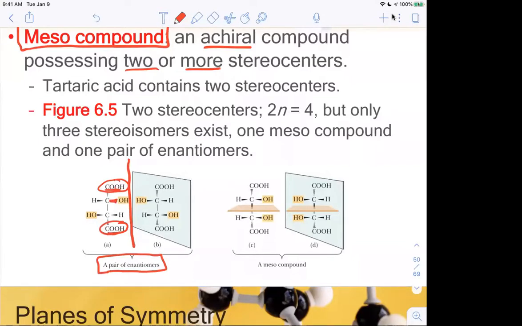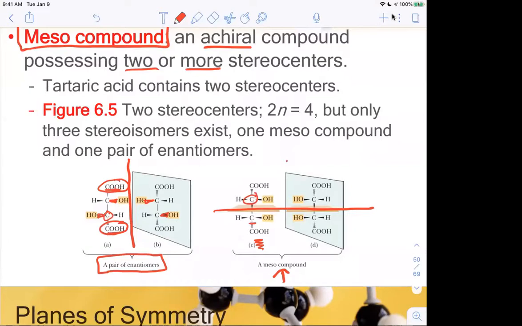I have bolded right, bolded left. The OH here is bolded left, bolded right. When I keep one the same and change the other, so I just changed this one to get to this structure, I actually have a plane of symmetry within the molecule.